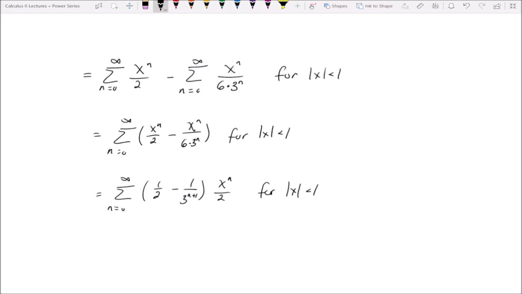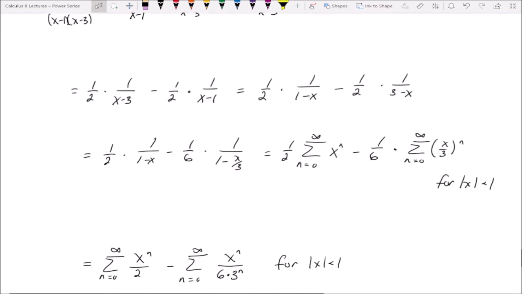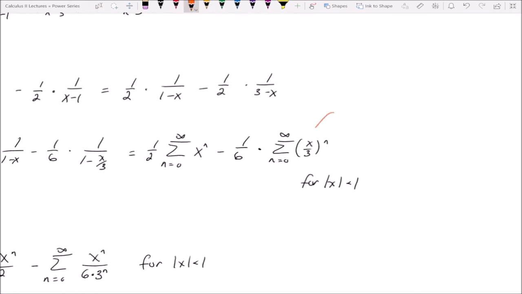Right? I do need to clarify that if we look at this summation here, this would give us that the absolute value of x over 3 would have to be less than 1, which means that absolute value of x is less than 3. Well, if absolute value of x is less than 1, it's guaranteed to be less than 3 as well. So that's why we stuck with the absolute value of x less than 1 there.